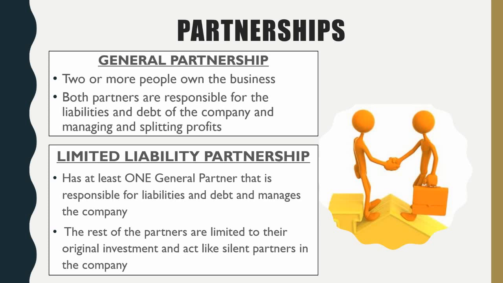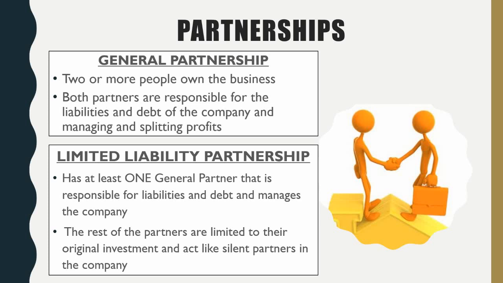Whereas a limited liability partnership needs to have at least one person who's actually running the show, taking full on responsibilities, while the other partner acts as a silent partner, right? Their mere responsibility to the company is to just invest, okay, and take profits.